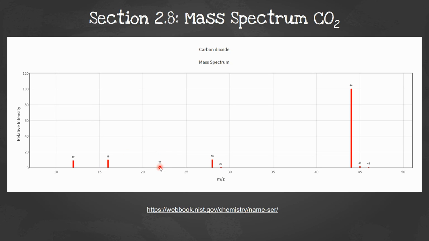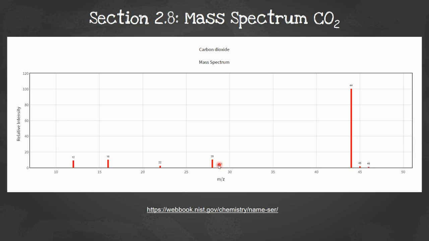What is this 22? If I had just one carbon and one oxygen, that would have a mass of 28. So that's this peak over here. What about 2 oxygens and we lost the carbon? Oh, we can't have that because carbon's in the center. So this 22 is actually a mystery to me.